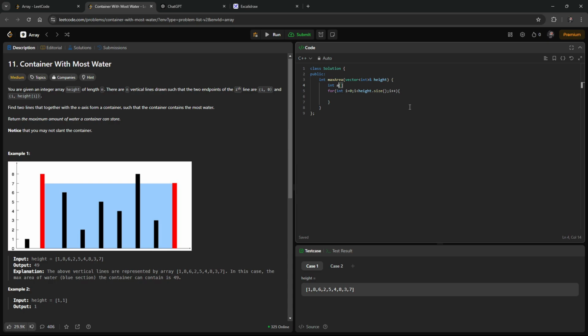So let's make an array named arr, where first of all let's take a variable named n, which stores the size of height, which means the size is always given by the number of lines present inside that array, and we need to make an array named arr whose length will be equal to n(n minus 1) divided by 2.